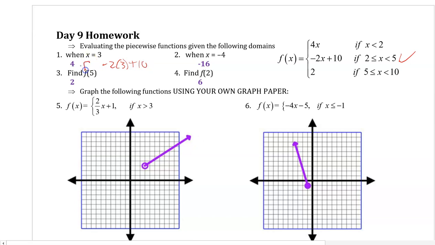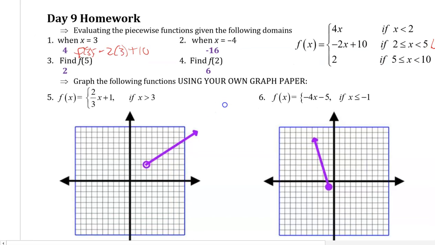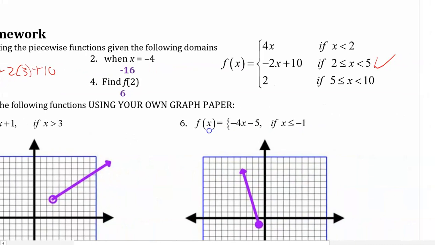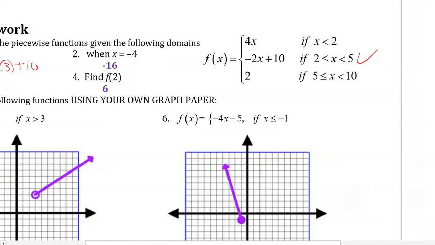So f of 3 equals negative 6 plus 10, which is 4. For number 2, when x equals negative 4, that goes into x less than 2. So f of negative 4 equals 4 times negative 4, or negative 16.